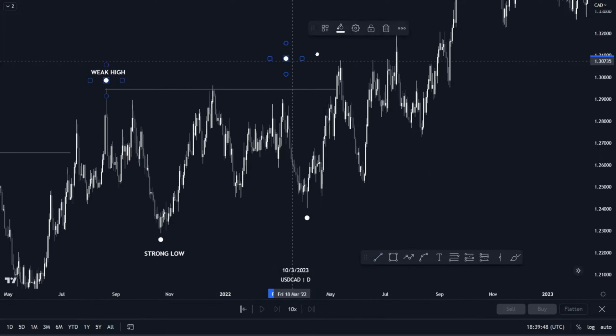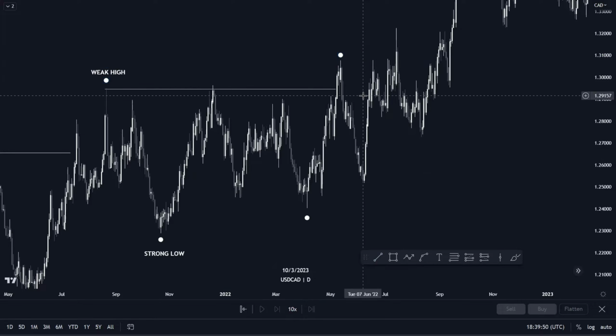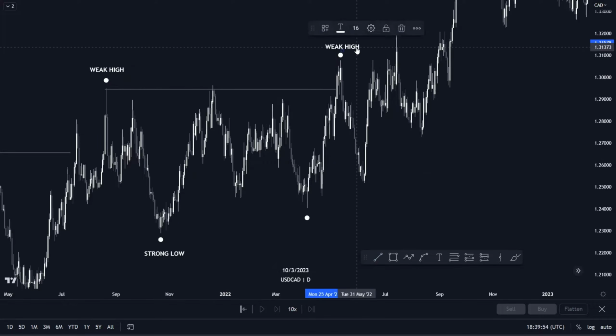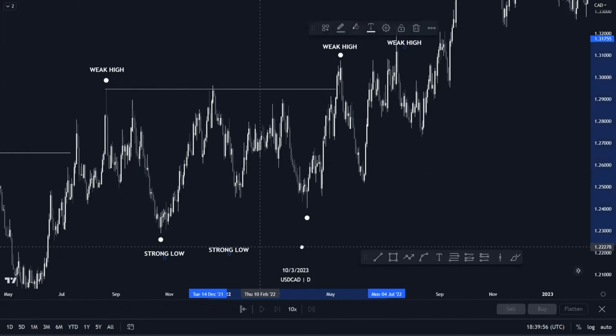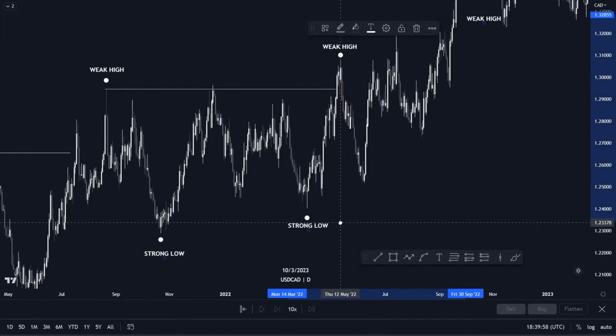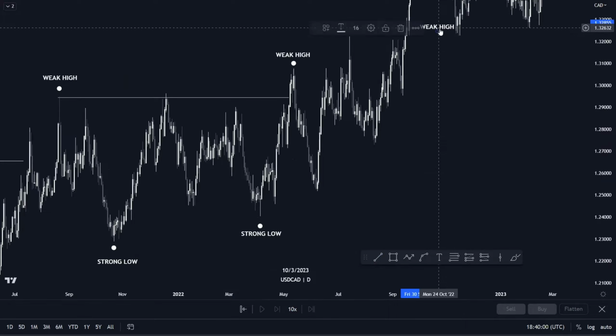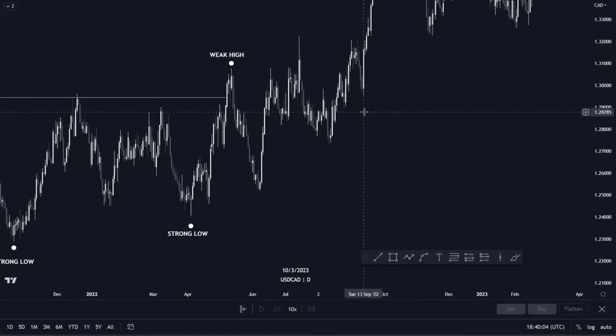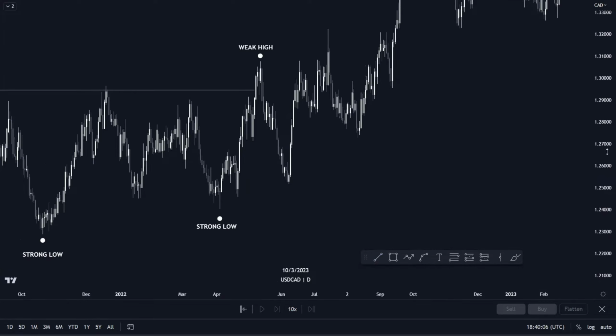Our new higher high will be here, this here will be our new weak high, and this here will be our new strong low.